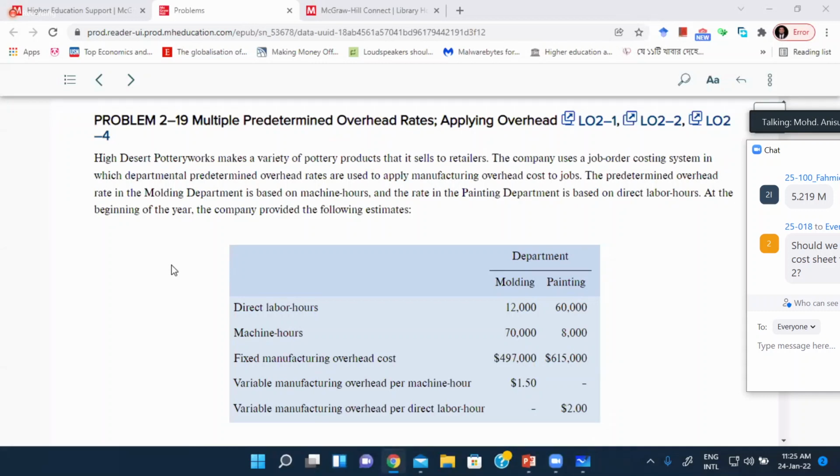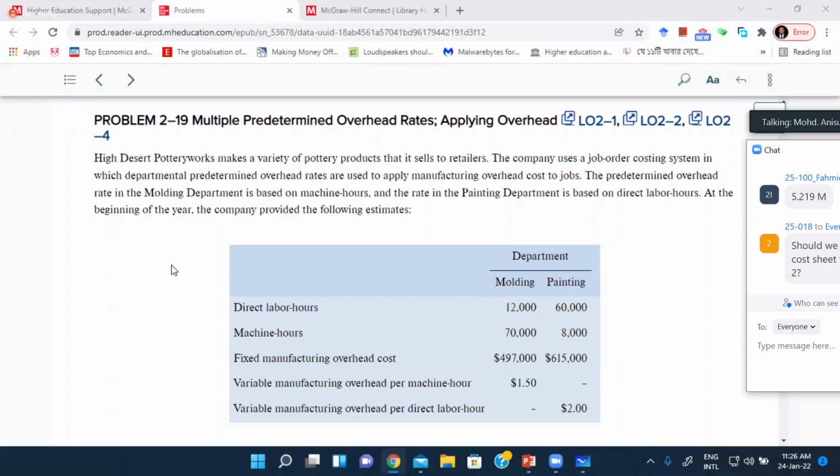But we also have seen the problems with that, and we also have iterated the reason that we need to go for some alternatives like multiple predetermined overhead rates, because there can be a problem in the single predetermined overhead rate because of the nature of the work in different departments.